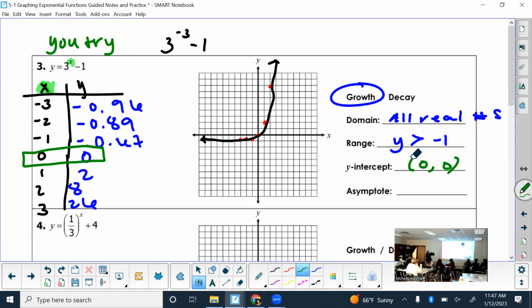And then my asymptote. Take a shot at it. Your hint is that it's really similar to the range.